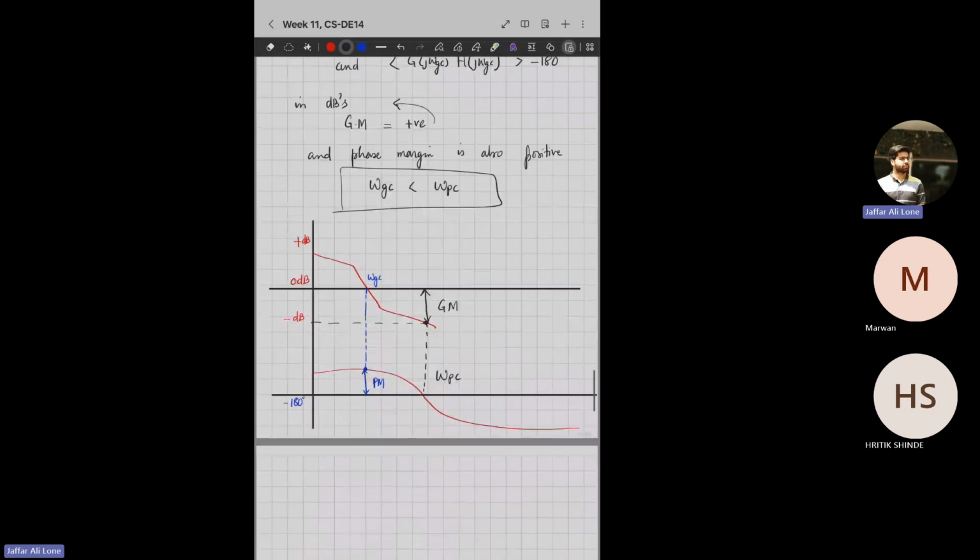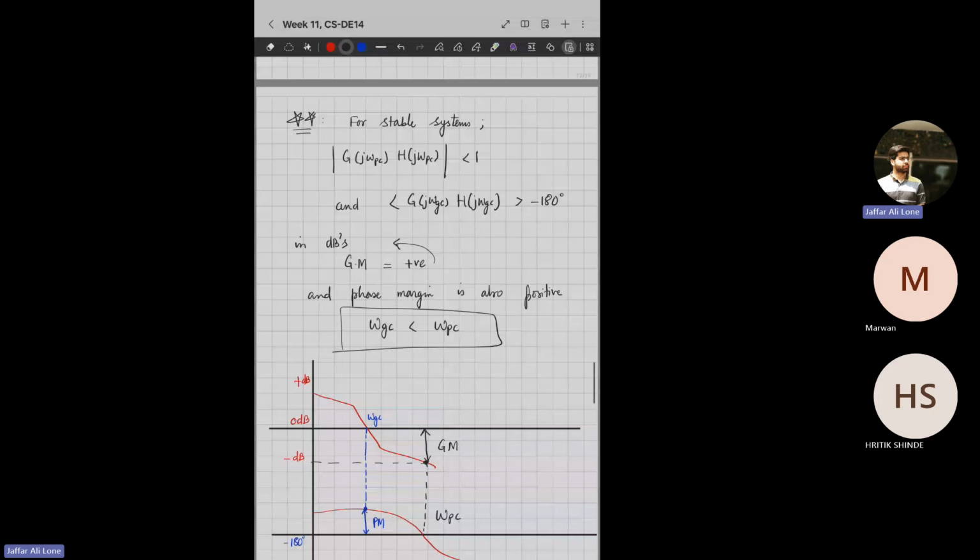So just remember that if your gain margin and phase margin are both positive, then your system is stable. If your gain margin and phase margin are both negative, then your system is unstable. If your gain margin is equal to phase margin, then your system is marginally stable, right? In case of a stable system, your gain crossover frequency is less than your phase crossover frequency.